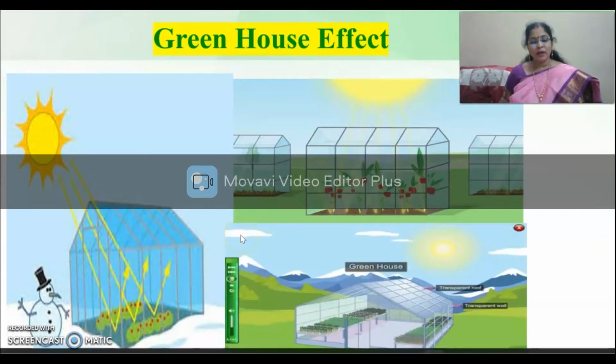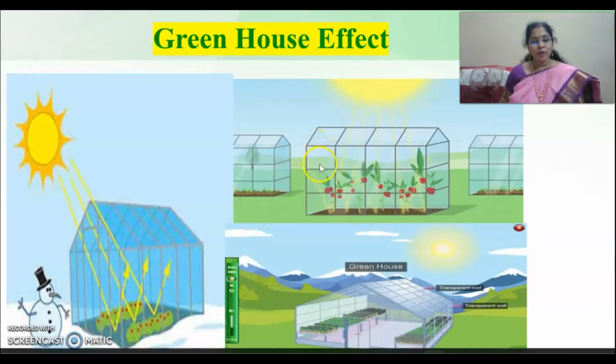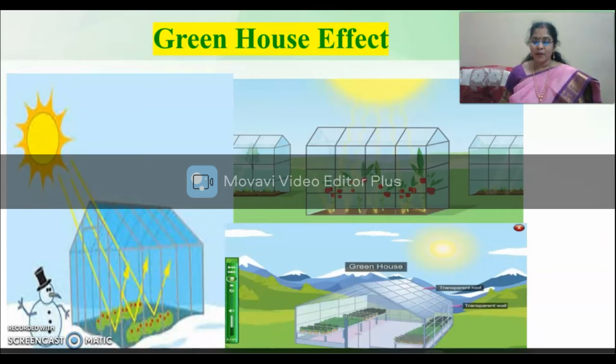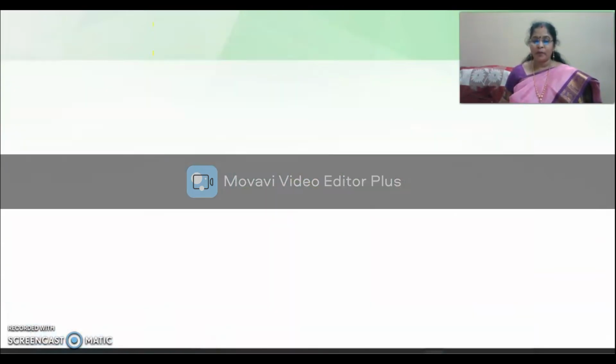But the tendency of the glass is to absorb the solar energy and to provide warmth to the plants within the room, avoiding re-radiation of solar energy back to the space. The same thing happens in our Mother Earth also.